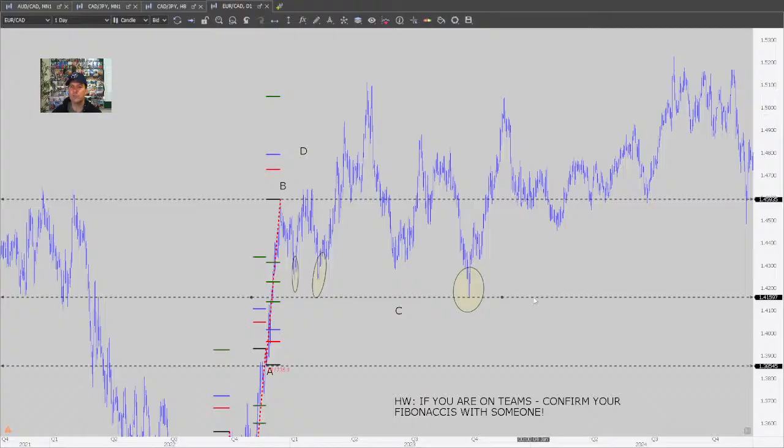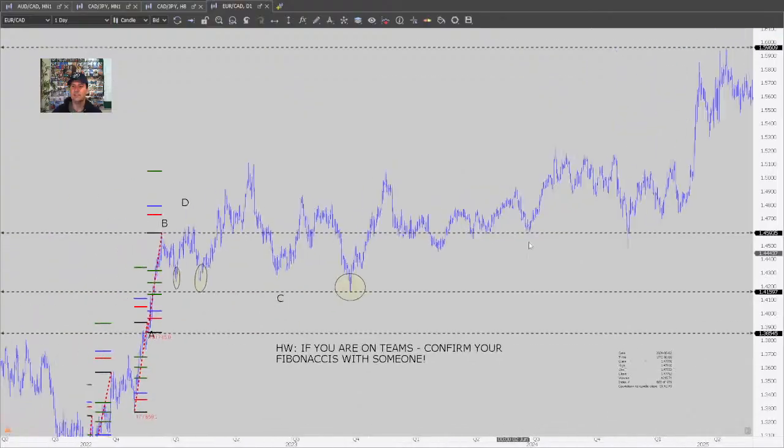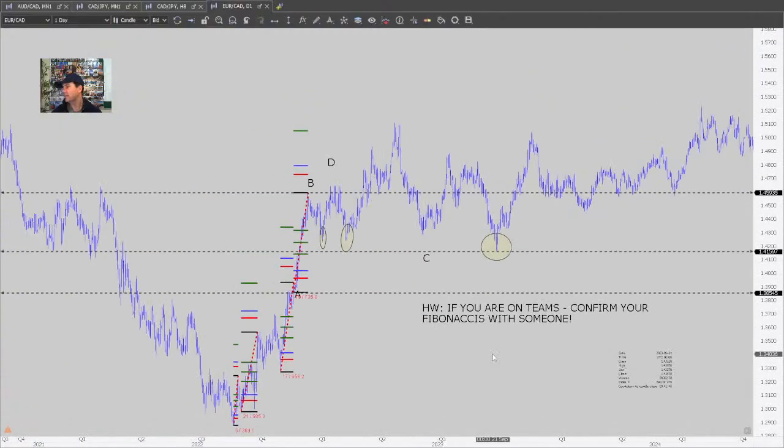Is the first circle the C? Is the second circle the C? Or is the third circle the C? Is the first circle, and then we're almost there, right? Is the first circle the C, the second or the third?